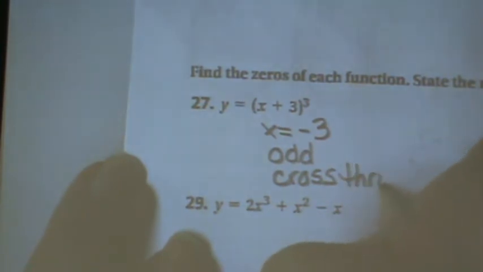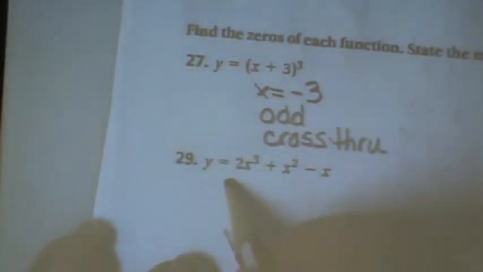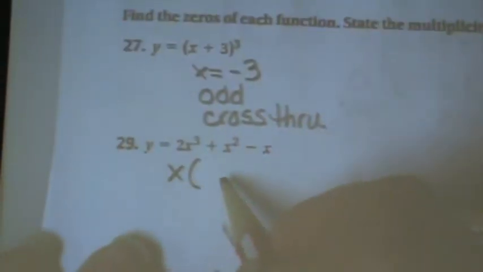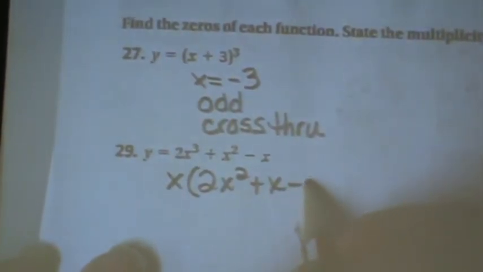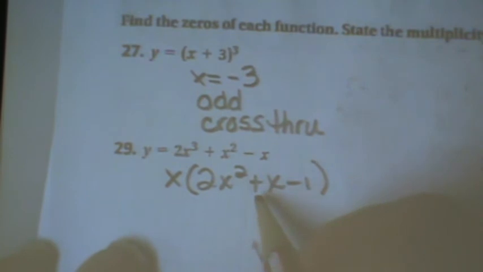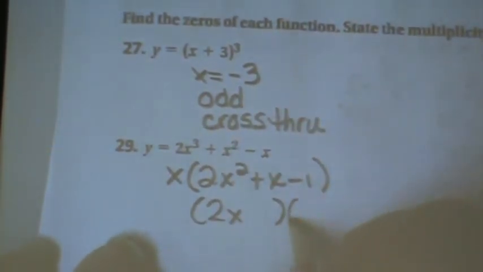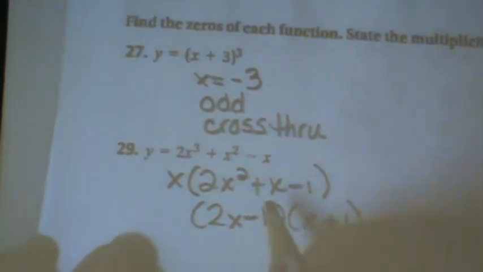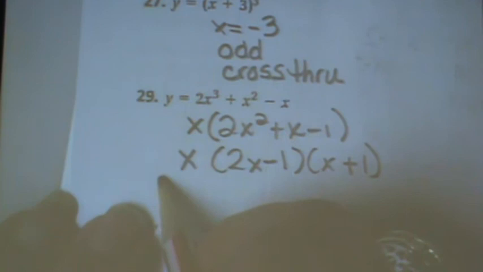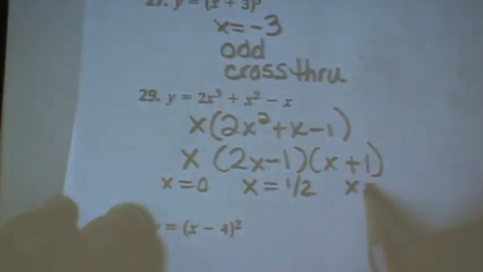Now, for a question like 29, what should you first do? Factor. You're gonna find the zeros. So you have x, and then 2x squared plus x minus 1. Finish that one, and I want you to state each of the zeros. So you have x, and then you have 2x minus 1 and x plus 1. So your zeros are 0, 1/2, and -1.